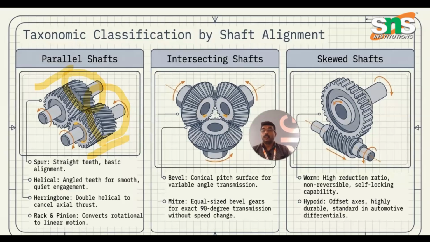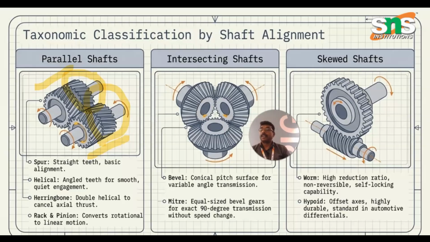When the two sets of gears are meshed together, this is called a herringbone. What is the use of combining these two gears for the herringbone? It is very simple: the double helical gear, which is also called herringbone, is used to cancel the axial thrust which is caused during the engagement of the power transmission.